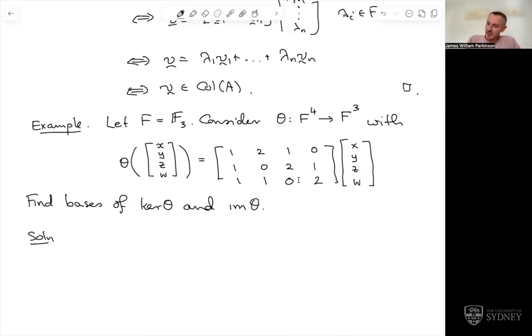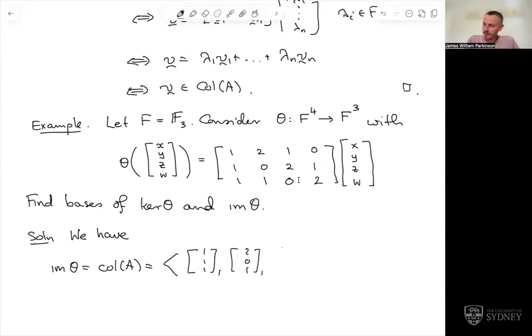Well, first, to compute the image, it's easiest just to read it off as the column space. That's the span of (1, 1, 1), (2, 0, 1), (1, 2, 0), and (0, 1, 2). Okay, that's the image.